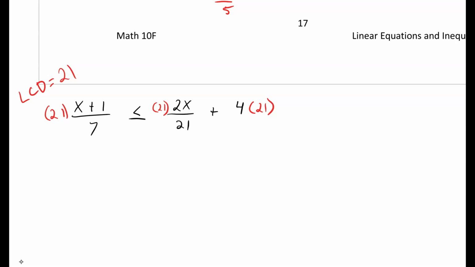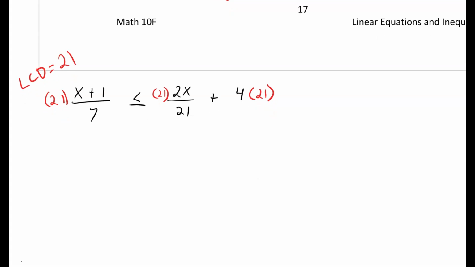What we want to do first is do 21 divided by 7. 21 divided by 7 gets us 3. And because we have this x plus 1, we are going to put that in brackets because we want the 3 affecting all of that. So we're going to have 3(x plus 1), closing that bracket.